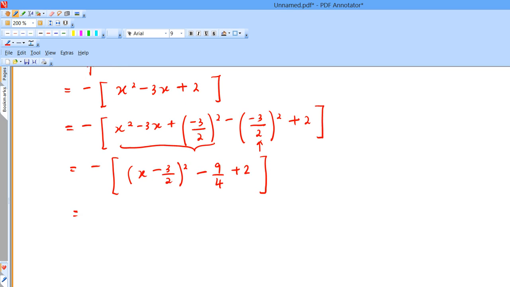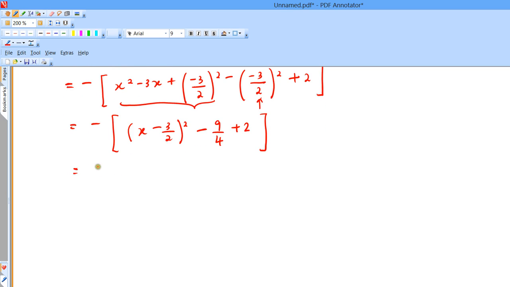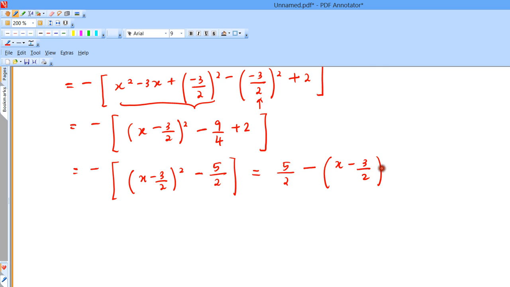So it equals negative (x minus 3 over 2) squared minus 5 over 2. Or you can write it as 5 over 2 minus (x minus 3 over 2) squared.